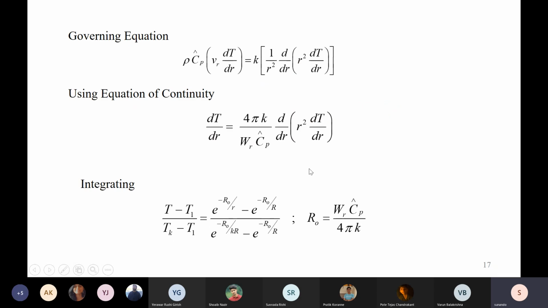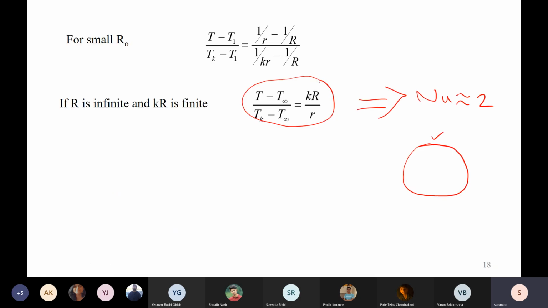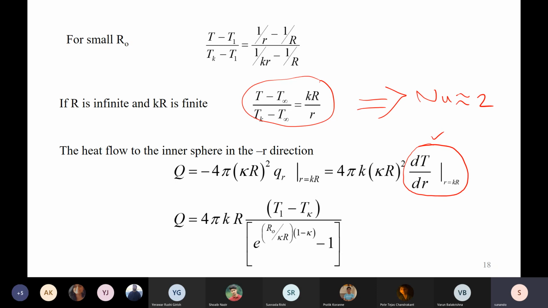So with a slow flow of air escaping out of the inner sphere as well as to the outer sphere, when you plug that in, this is going to be the expression of heat which is to be removed by the refrigeration system from the inner sphere to maintain it at a constant temperature of T_kappa. Questions?